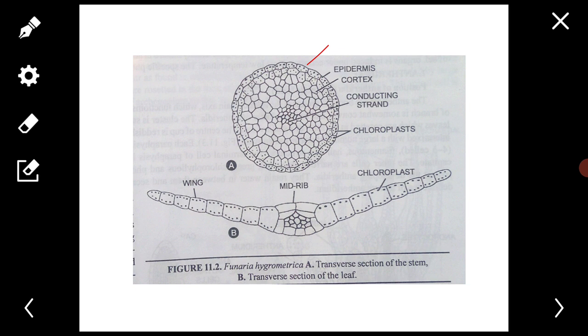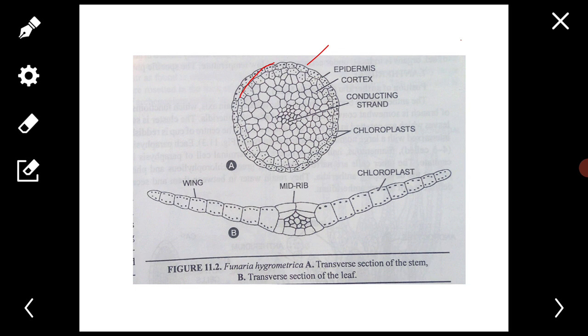These cells contain chloroplasts. The stomata are absent.